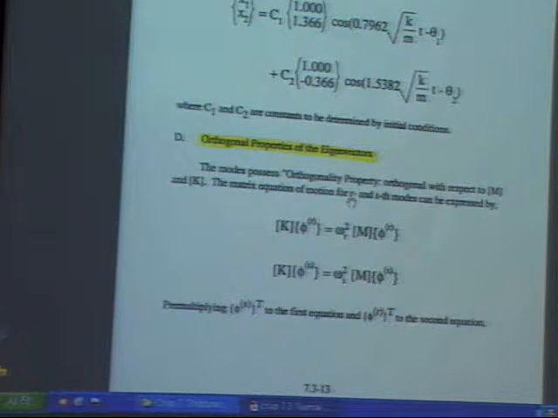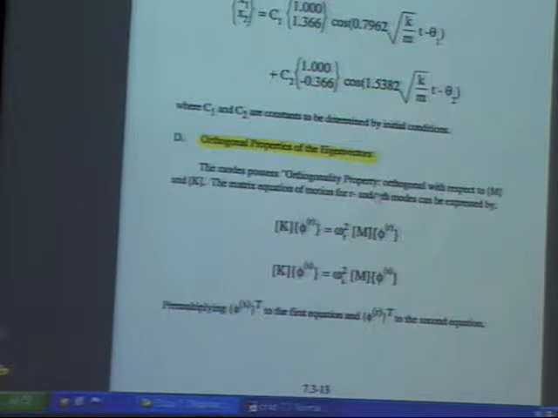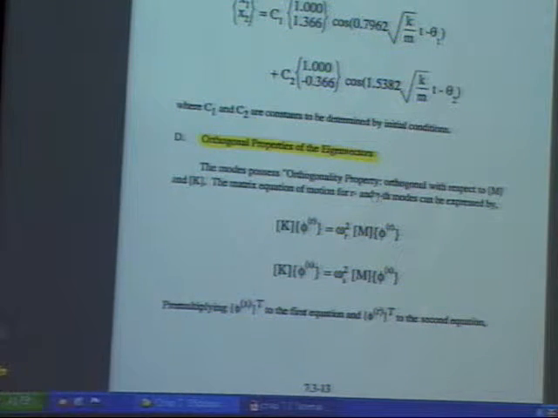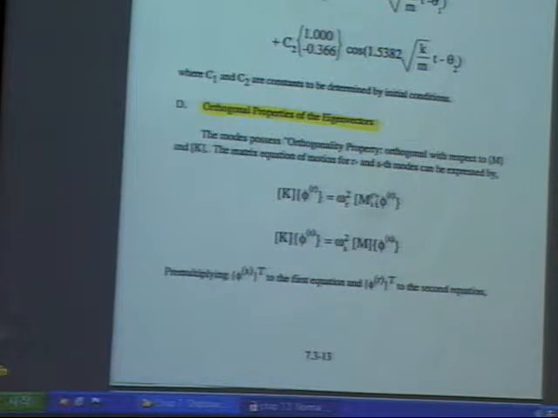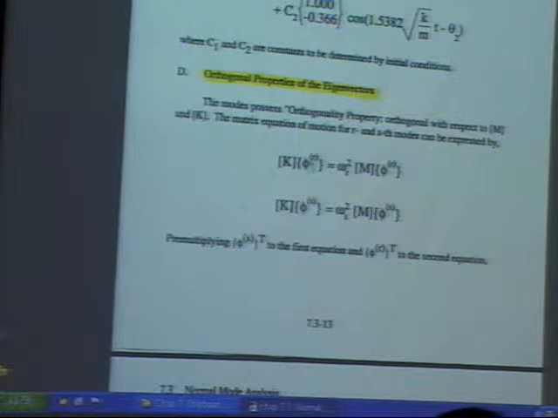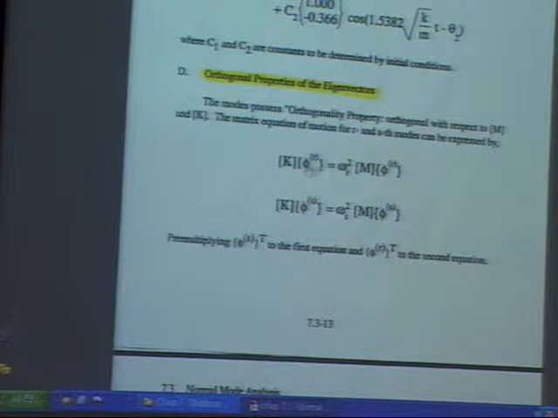We're going to consider R and S modes, two distinct modes. R is not equal to S, okay? Two distinct natural frequencies and mode shapes. Then this is K phi R equals omega R squared M phi R, for the rth mode, and this is for the S mode. Two distinct eigenvalue expressions here.